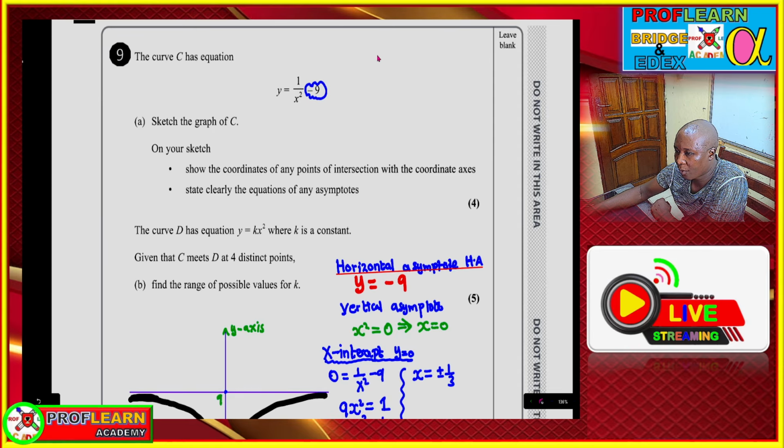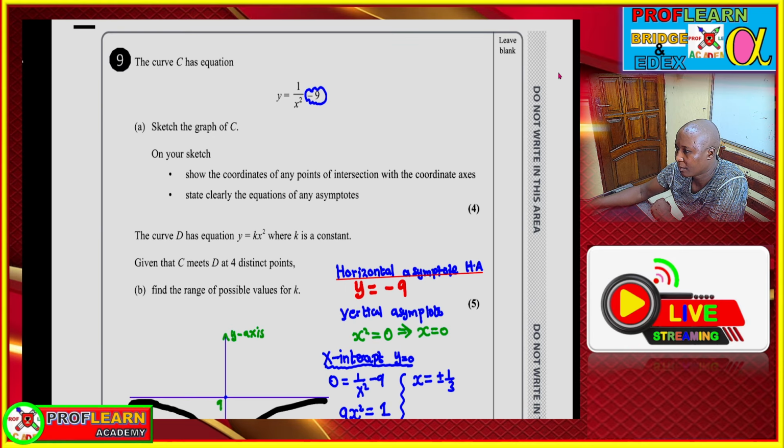If you have y equals, let's say we have 2 over x minus 1 plus, let's say, 3.